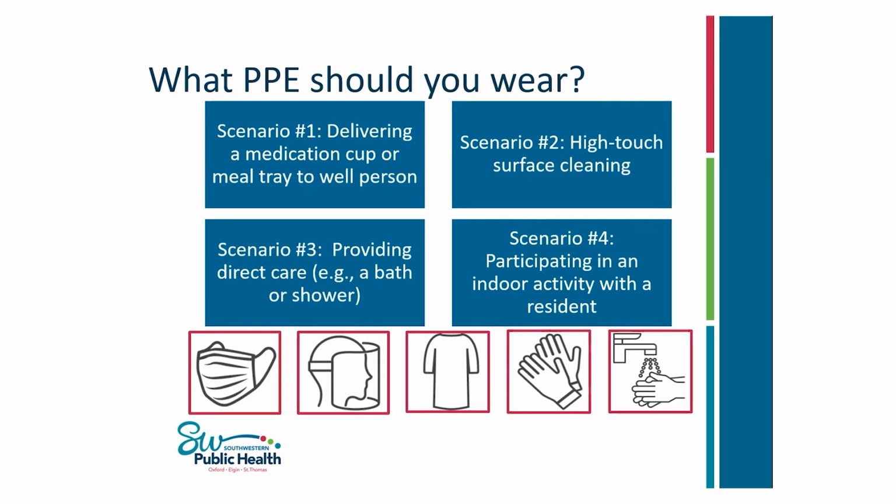Again, you're going to be asking yourself, how close am I going to be to the resident or residents? Is anybody unwell in this situation? Can the resident or client understand instructions? Are they wearing masks?